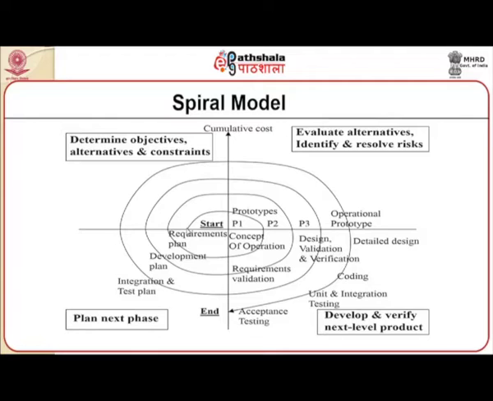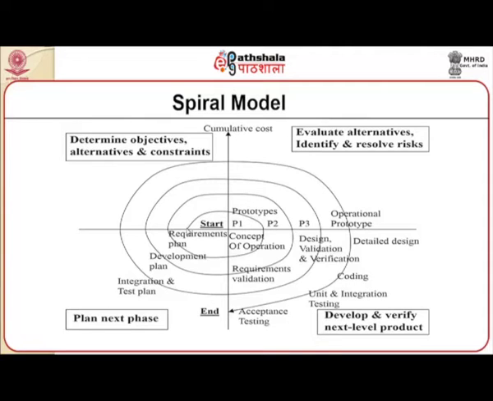So when we are at phase 1, we will be talking majorly about the objectives, and whatever objectives we have defined in the beginning, we will be working on those objectives as a development, as a prototype. The simplest prototype will be built, and we will be going across the sequence of phases only at phase 3, where we exactly develop and verify the next level of the product.